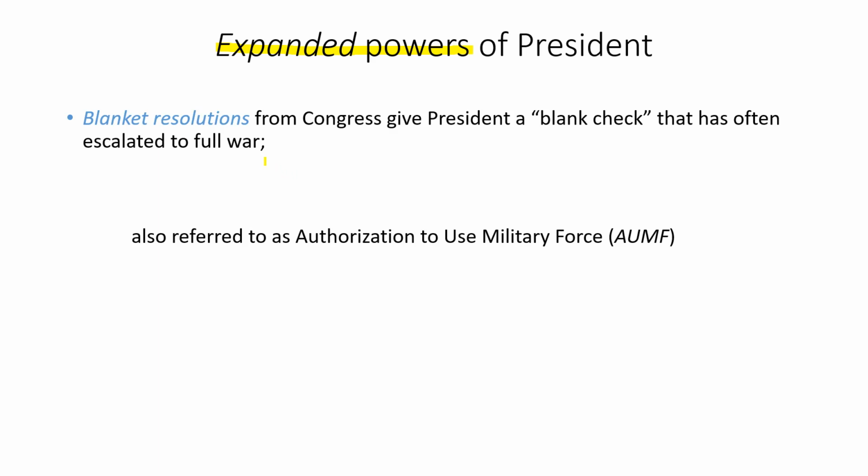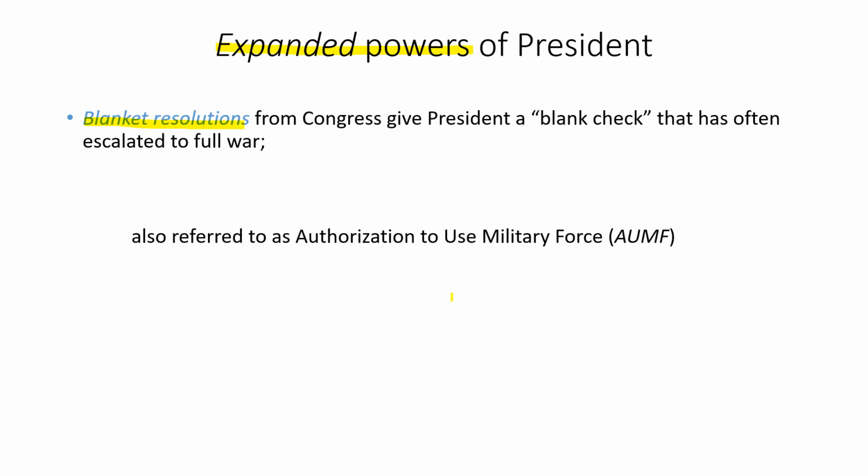And then the expanded use of executive orders. This has been a very much researched part of political science for several decades, how that one person has been given more and more and more power over the years because of these things that have evolved and been generally accepted.